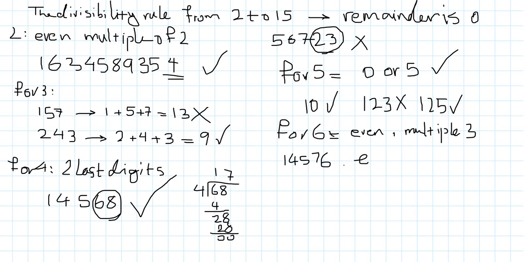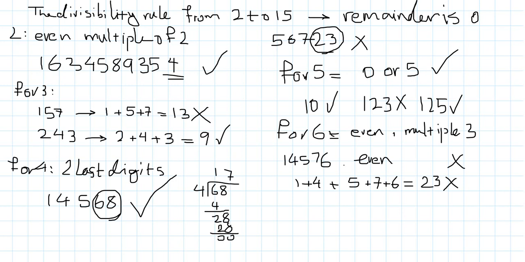At the second step it should be a multiple of 3. I can check the divisibility rule for 3. 1 plus 4 plus 5 plus 7 plus 6. 1 plus 4 is 5 plus 5 is 10 plus 7 is 17 plus 6 is 23. 23 cannot be divided by 3, so it is not divisible by 6.